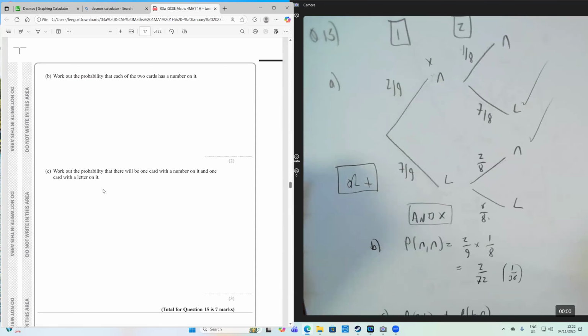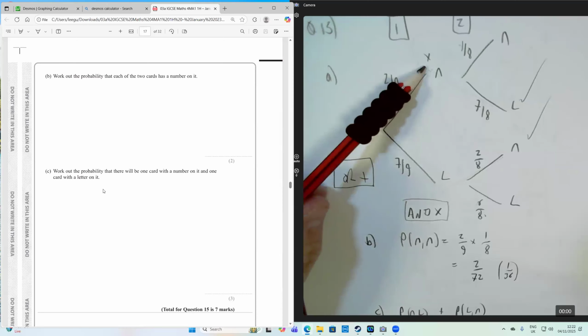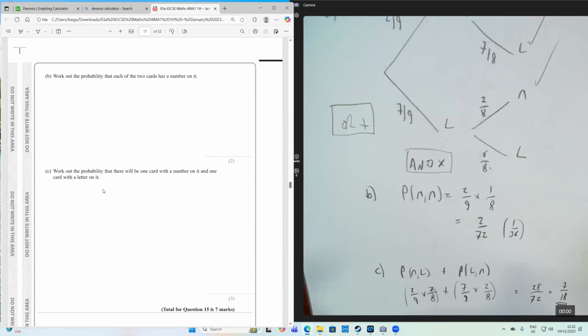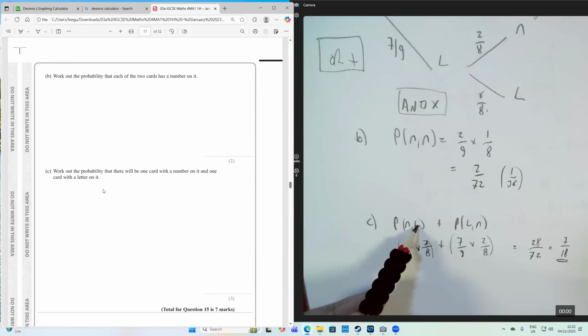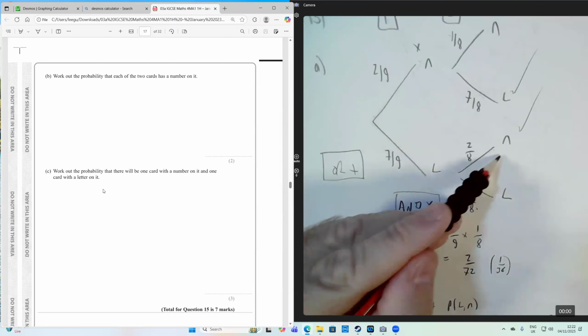So let me just describe that in probability language. We can have a number and a letter, okay? So that's going to be times. So that's going to be number and letter is probability of number times probability of letter. Or, okay, we can have letter and number.